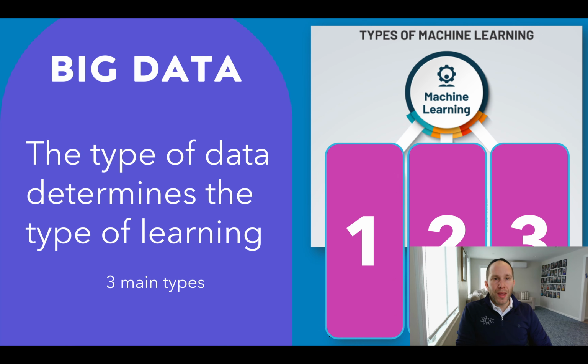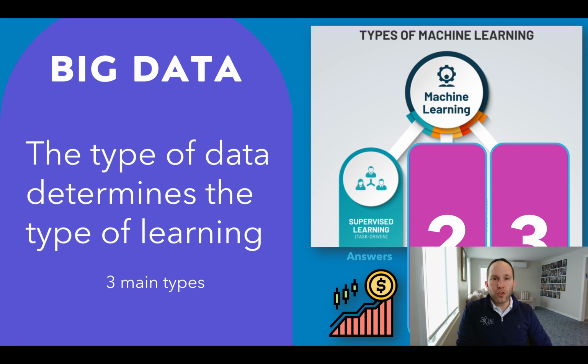So there's two main types of machine learning. The first one is called supervised learning. Supervised learning is what we just spoke about in our heart disease example. We know the answers to the question. We have 1 million people that have had heart attacks, and we have all of their medical data. So we know which characteristics lead to heart attacks.